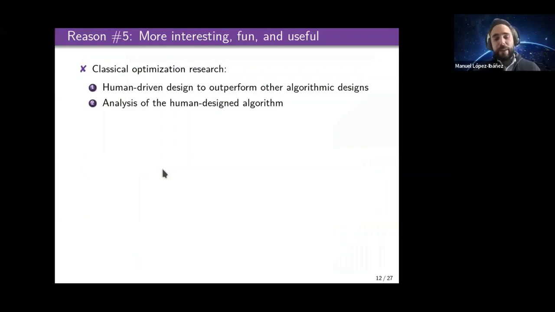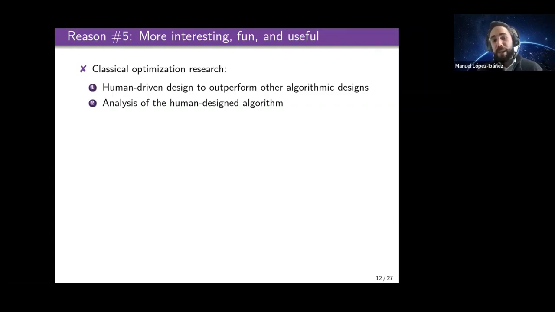Okay, so normally when I give a presentation like this, I give several reasons why this is such a good idea. But I'm going to focus on the last reason, reason 5, which is for me the most interesting, which is that this is a more interesting way, a more fun way, a more useful way to do research, at least what I believe research in optimization should be. In the classical way we do research in optimization, we have a human that designs an algorithm, normally with the goal to outperform other existing algorithms.